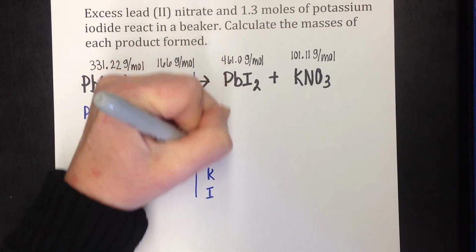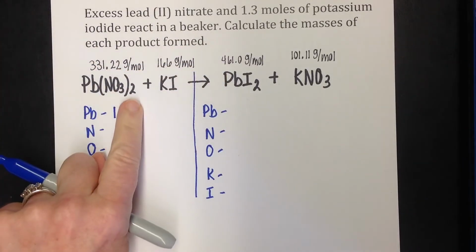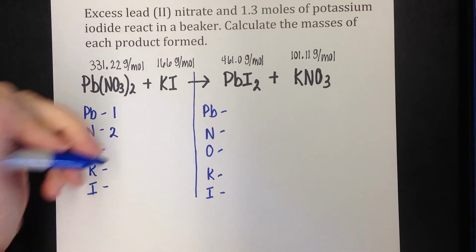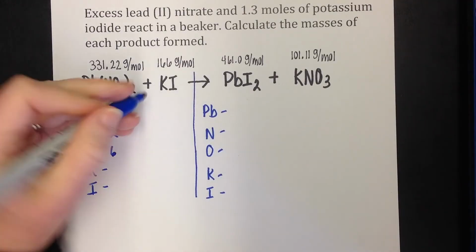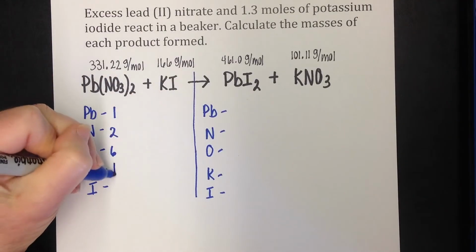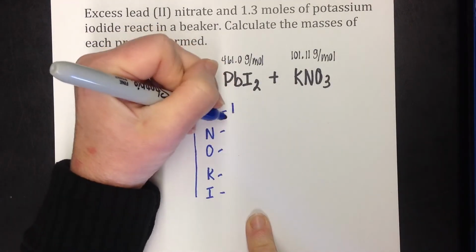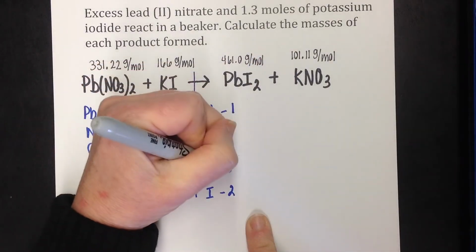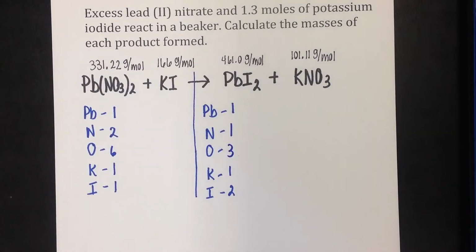I have 1 lead, 2 times an understood 1 is 2 nitrogens. 2 times 3 is 6 oxygens. I'm just multiplying across the parentheses there. 1 potassium and 1 iodine. On this side, I have 1 lead, 2 iodines, 1 potassium, 1 nitrogen, and 3 oxygens.